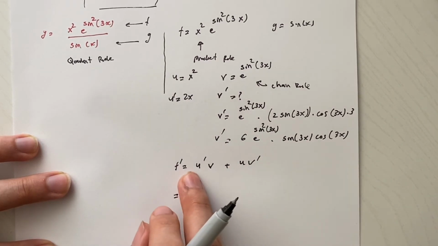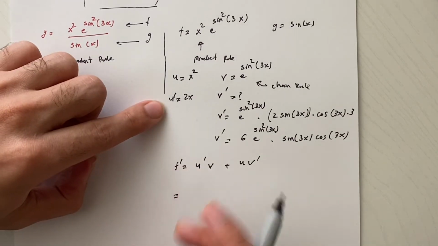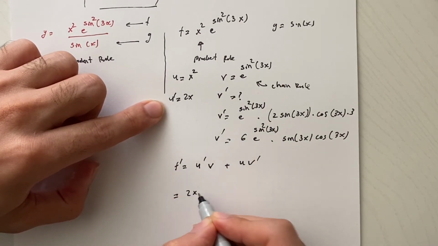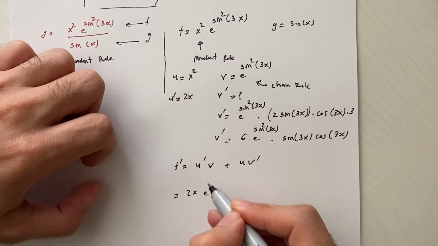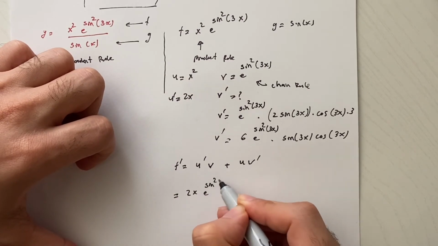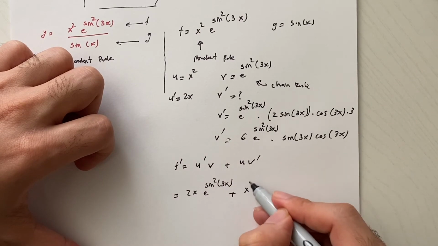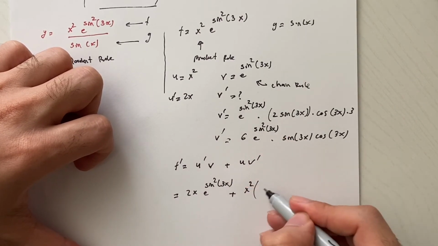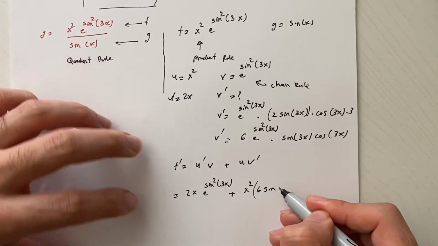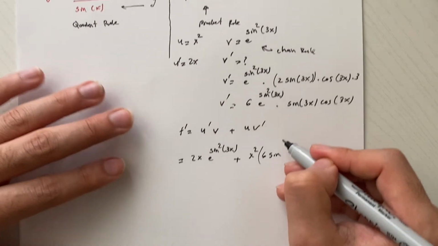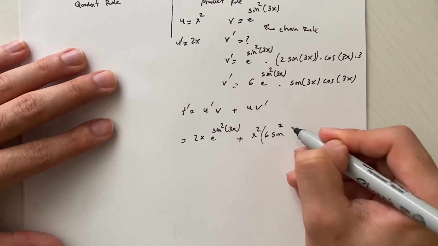So I'm gonna take u prime, which is 2x, multiplied by v, which is e to the sine squared of 3x. I'm going to take u, which is x squared, and multiply it by v prime, which is 6e to the sine squared of 3x.